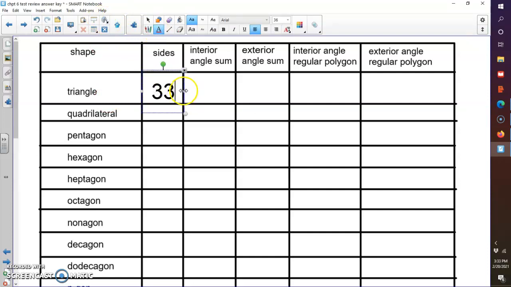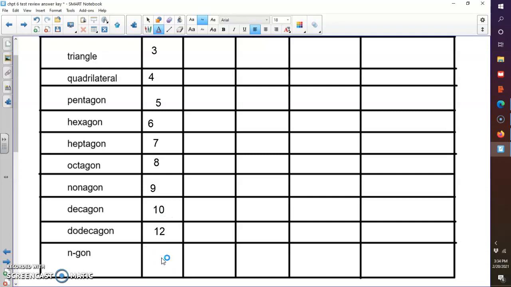So obviously a triangle is 3. Let's make this a little smaller so we can fit them all. Let's make this one a little smaller so we can fit that as well. So 3, 4, 5, 6, 7, 8, 9, 10, 12, and obviously an n-gon has n sides.